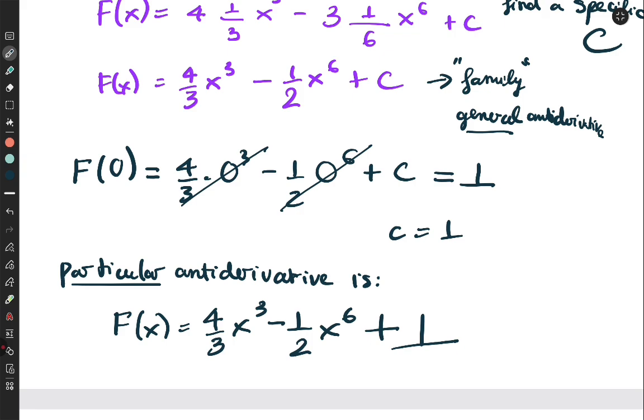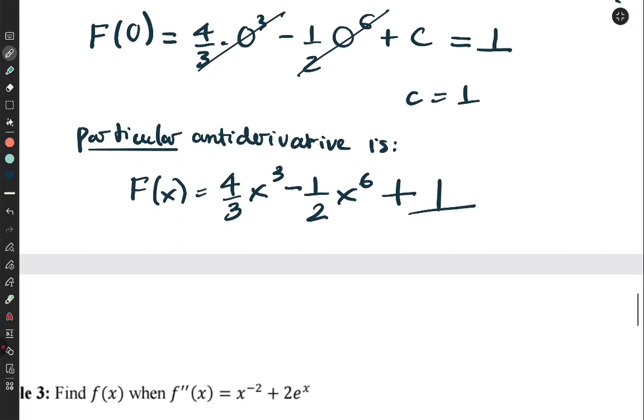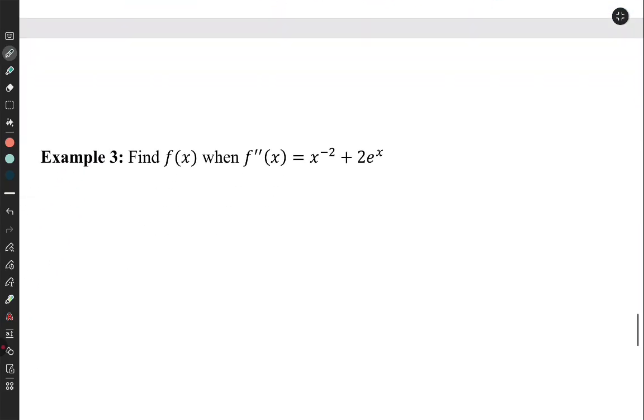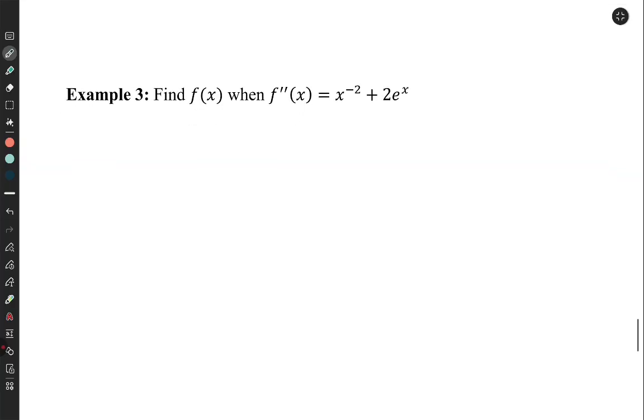That one is completely only one function. Limited. General. Particular. General. Any question? So when you're given an initial condition, you know what to do, right? Use that to find C.